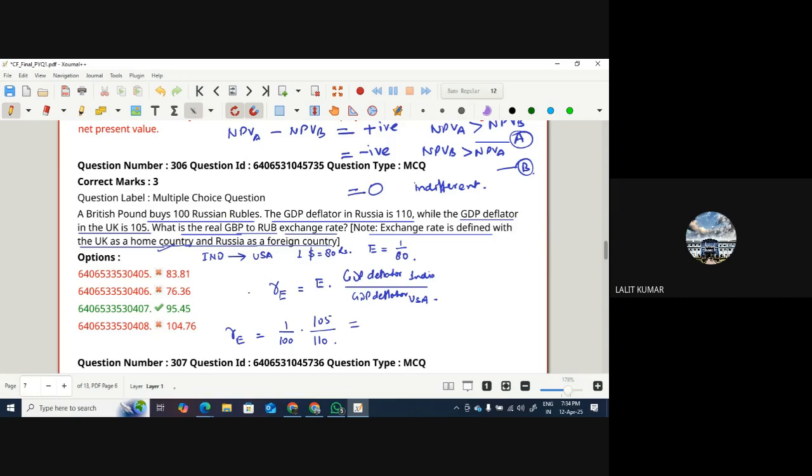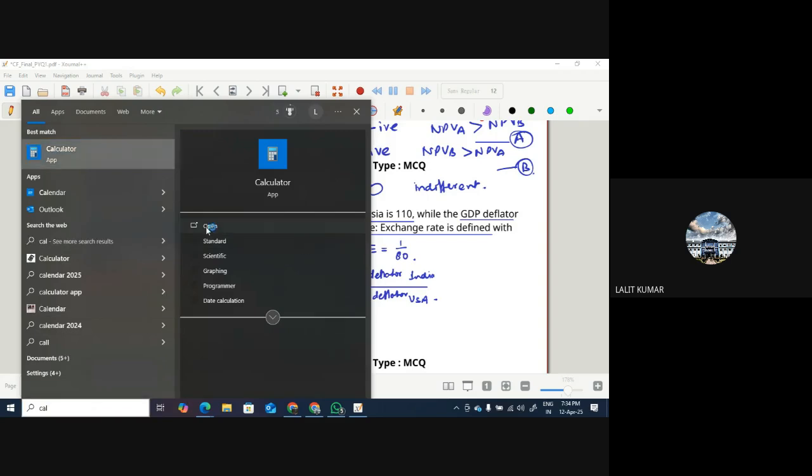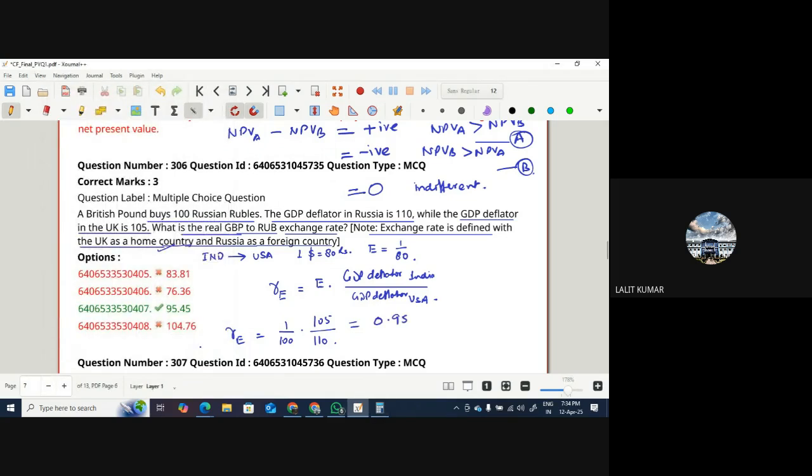Is this okay? Shall we solve it? This is correct. This one is 0.9545. Is this okay? Yes, sir.